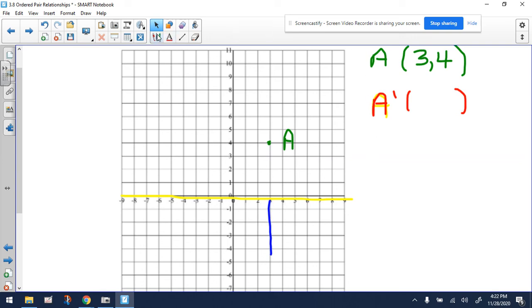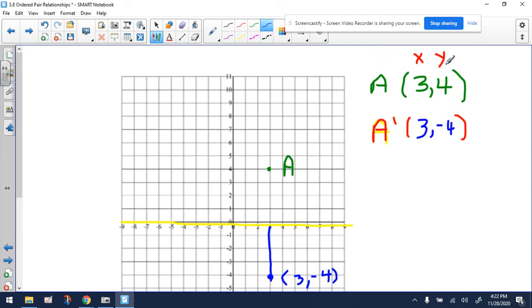All right, so 4 units away, that's going to put us at, we're still going to be over 3, but this time we're going to be down 4. So our new ordered pair is (3, -4). Now notice that when we think about our x and our y, the x-coordinate stayed the same, and it was the y-coordinate that was changed to its opposite.